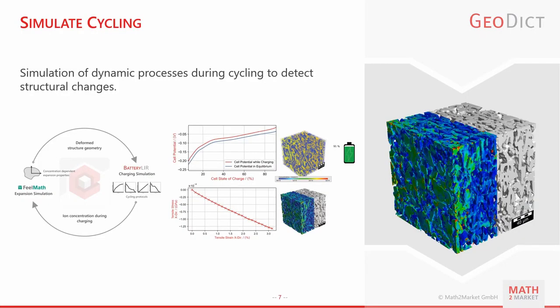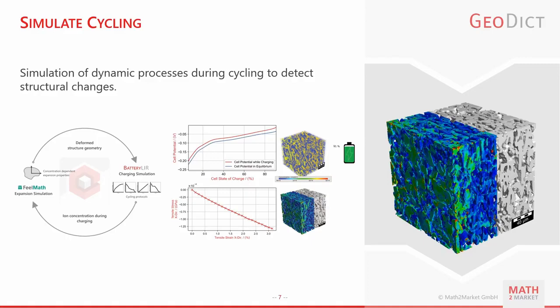To simulate the cycling, we start with a charging simulation using the BatteryDict module of GeoDict. This gives us the local lithium concentration at each point in the active material. The resulting local concentration field is now fed into the FieldMath solver in GeoDict to calculate the resulting local stresses and the expansion of the structure induced by the differences in the local lithium concentration.